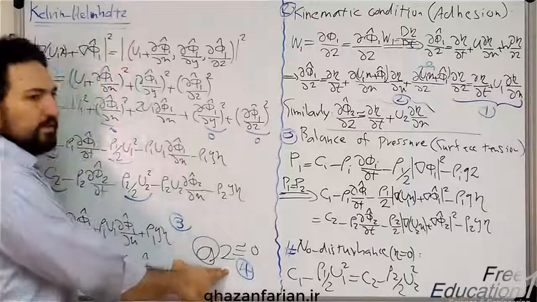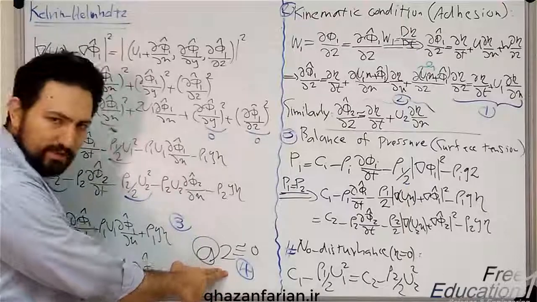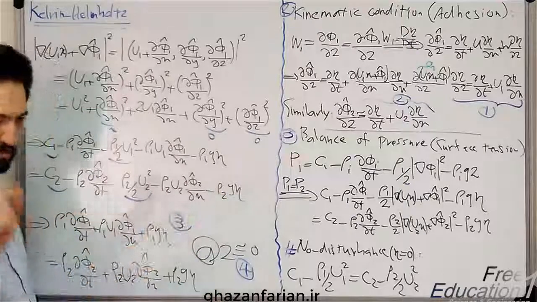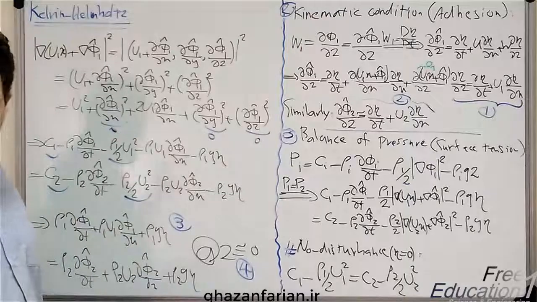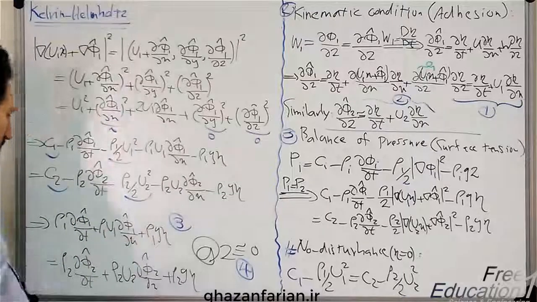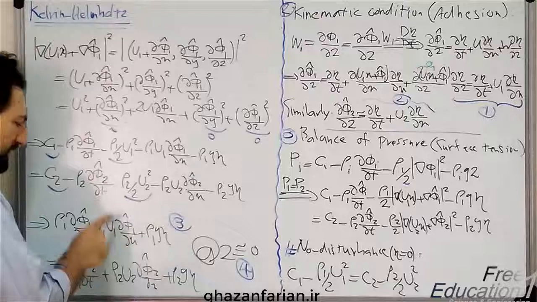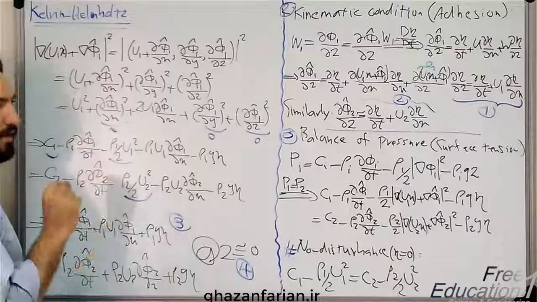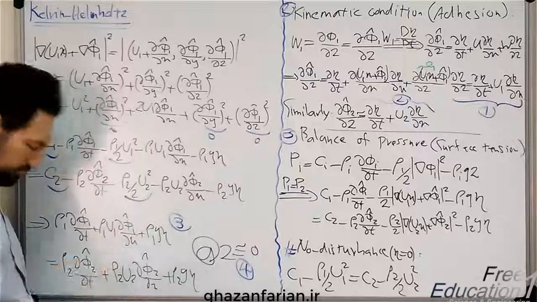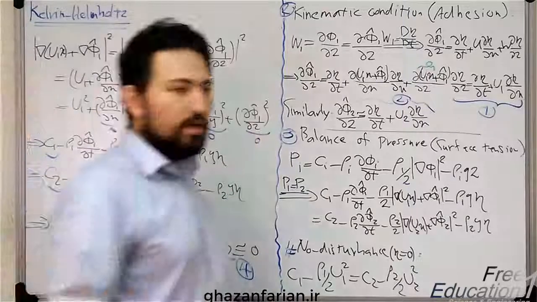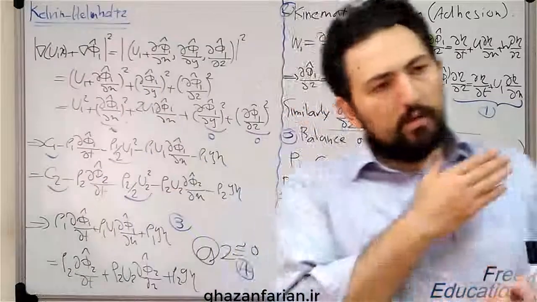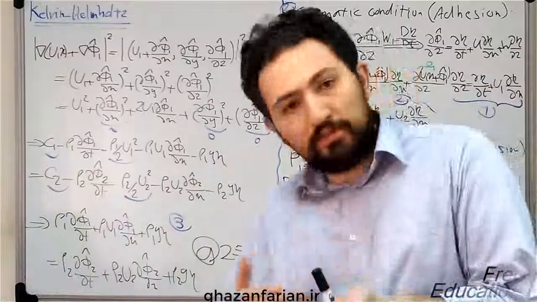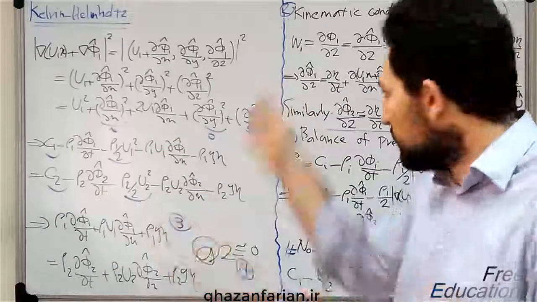Equation 4 again is the kinematic linearization of the interface, which is true when the disturbance is small. And equation 3 is the linearized version of the balance of pressure, or the dynamic linearization of the pressure boundary condition, or continuous pressure variation across the interface.